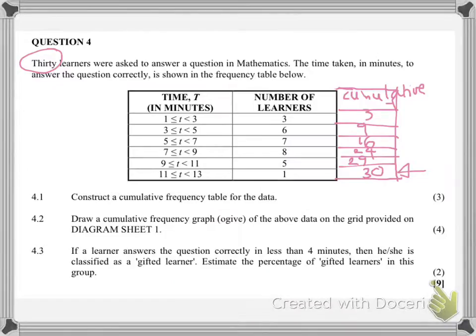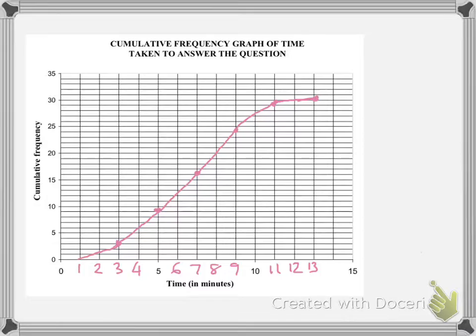Okay, if we go back to the previous page, you can look at the question. It says, if a learner answers the question correctly in less than 4 minutes, now remember the minutes are shown on the horizontal axis, then he or she is classified as a gifted learner. Estimate the percentage of gifted learners in this group. So if we go back, we say, well, where is 4 minutes? 4 minutes is here.